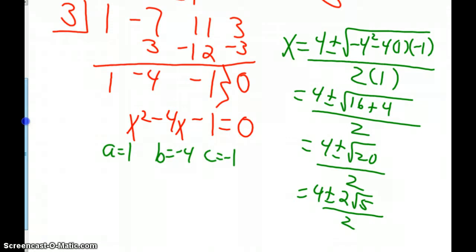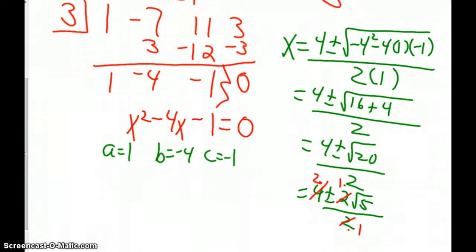Now let me ask you this. Is that the answer? No, very good. That's still not the answer, because then you're going to ask yourself, we did this first semester, is there anything that goes into 4, 2, and 2 evenly? And the answer is 2. So 2 goes into 2 one time, 2 goes into 2 one time, and 2 goes into 4 2 times, right?